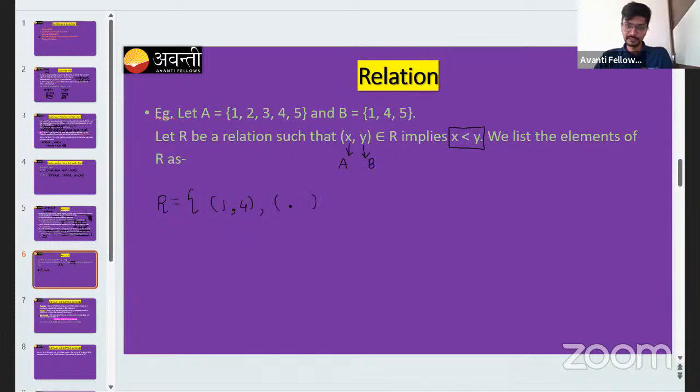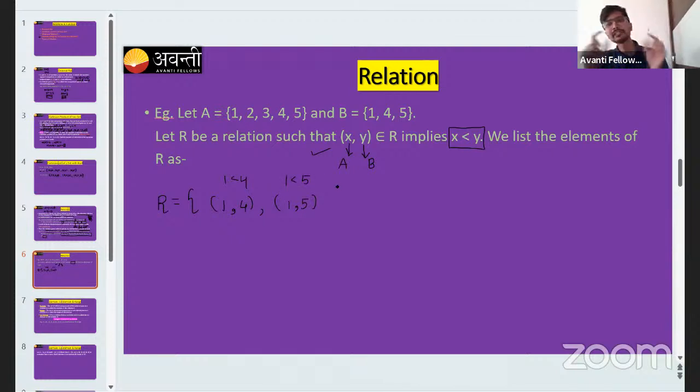Another possible one is 1, 5. See, 1 is from set A, 4 and 5 are from set B. So this is done, and x is less than y. 1 is less than 4, right? 1 is less than 5, right?